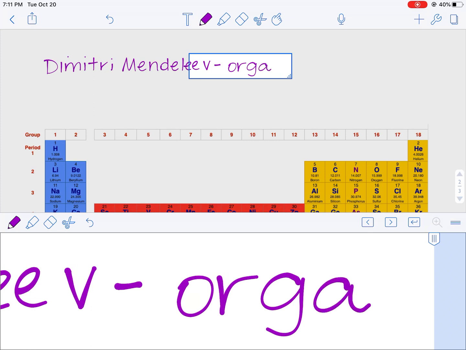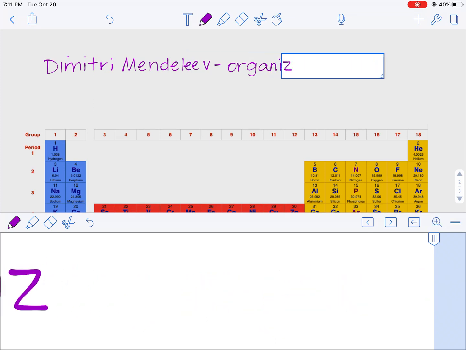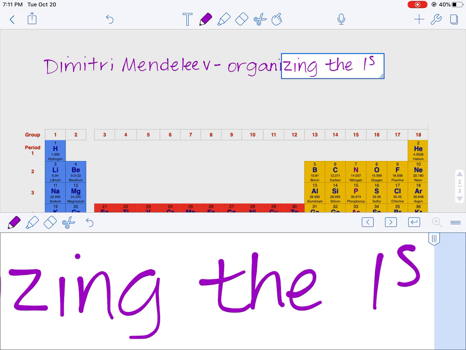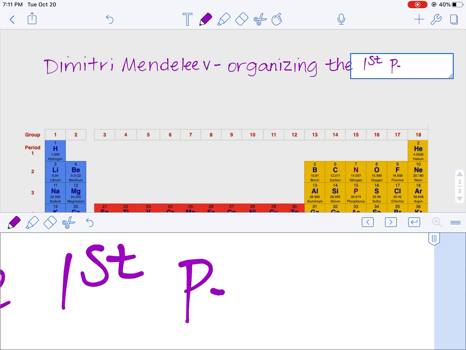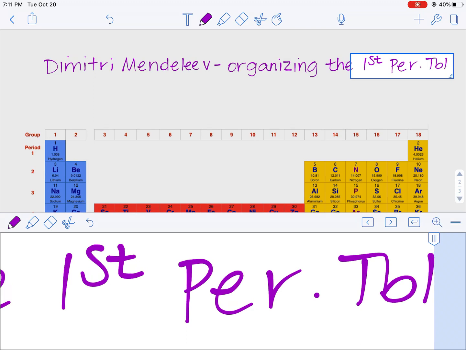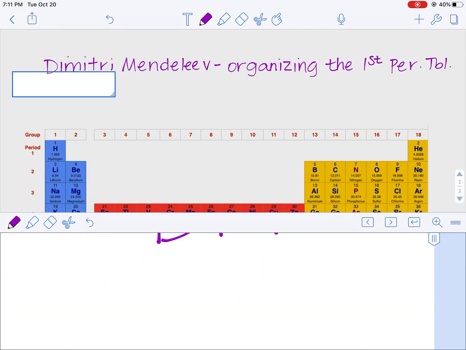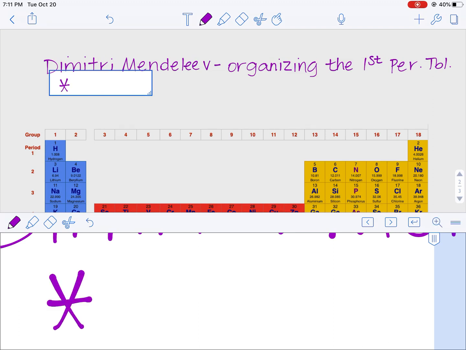He is given credit for organizing the first periodic table. And granted, he didn't have all of the elements that we have now, but he took the ones that he had in existence at the time and came up with a fashion for organizing them.